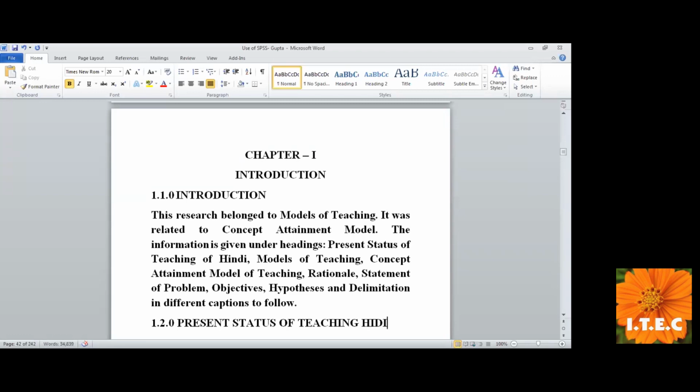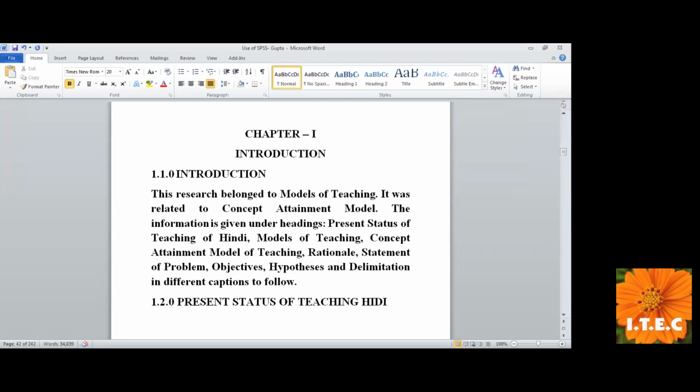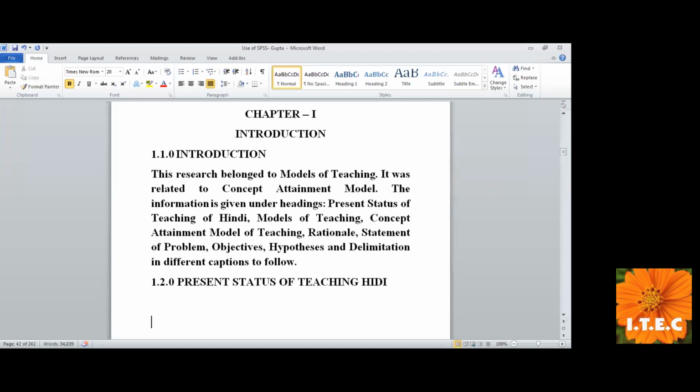Now this has to be written by you as a researcher, that how Hindi is being taught, during teaching Hindi, what all information you will be giving to the people, and so on and so forth. So this I'm not writing because I cannot write the thesis for you here. I'm just explaining.